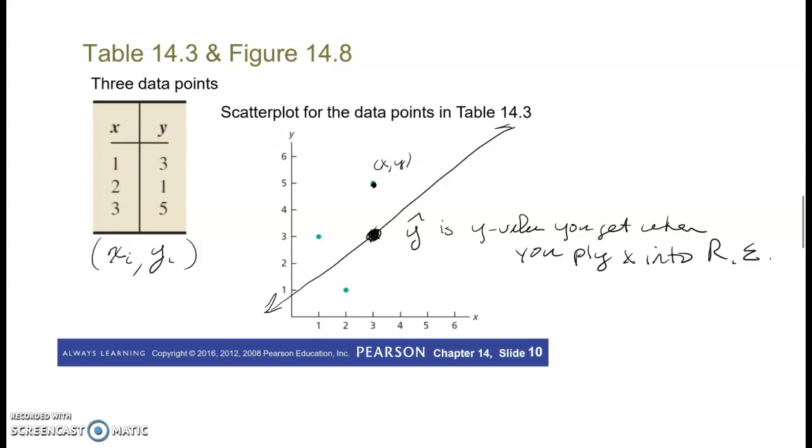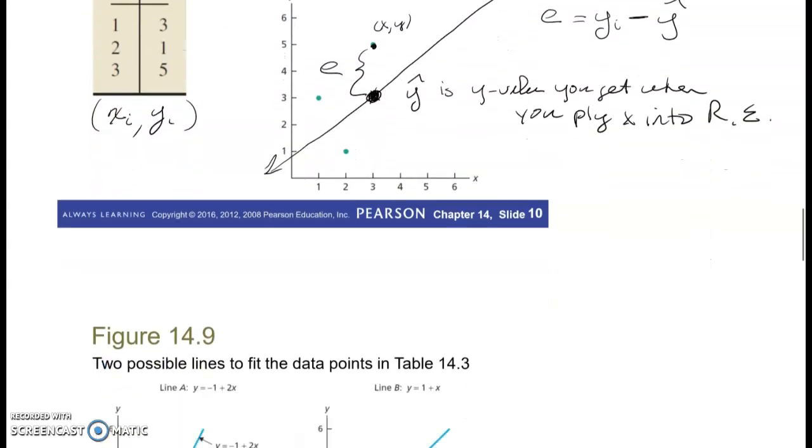Now, the difference between these is called the error, and it's represented by a lowercase e. The error is simply the y value from the data minus the value you get when you plug x into the regression line. So it's y sub i minus y sub i hat. All right? So just to identify some of the different y values that we're going to work with.